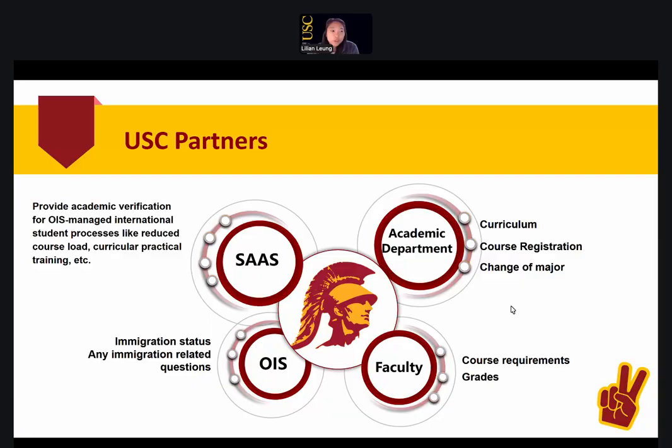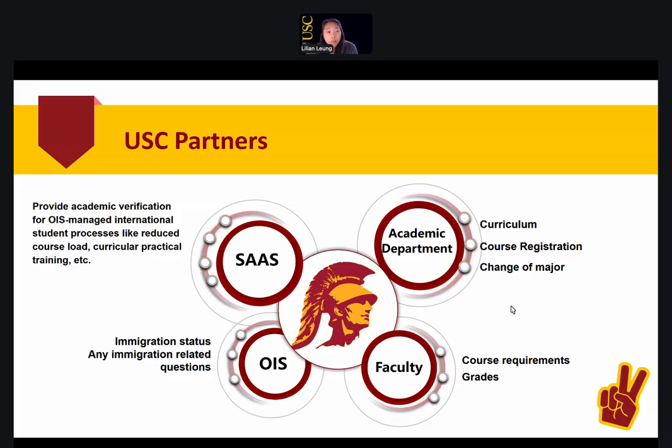We're going to introduce you to different USC partners. You will work with different departments throughout your time at USC. We here are the Student Academic Services advisors, SAS. We provide academic verification for any OIS-managed international student processes, like reduced course load or curricular practical training.